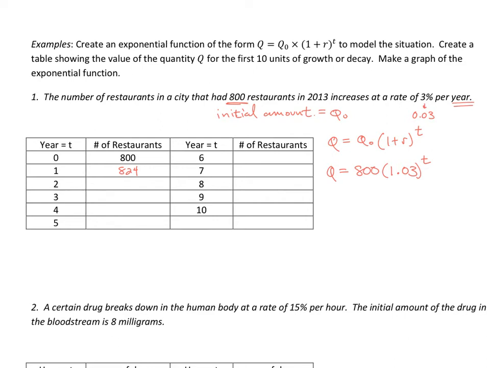Well, we can substitute 2 in for t. And then we can see that there are 849 restaurants in the city. And we can do this for 3, and we can do this for 4, and 5, and 6, and so on.